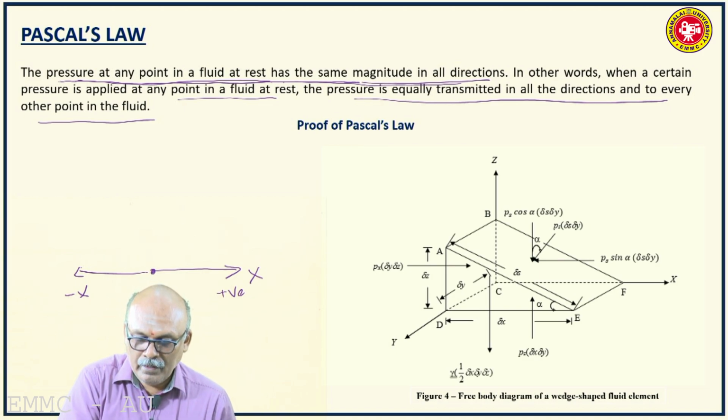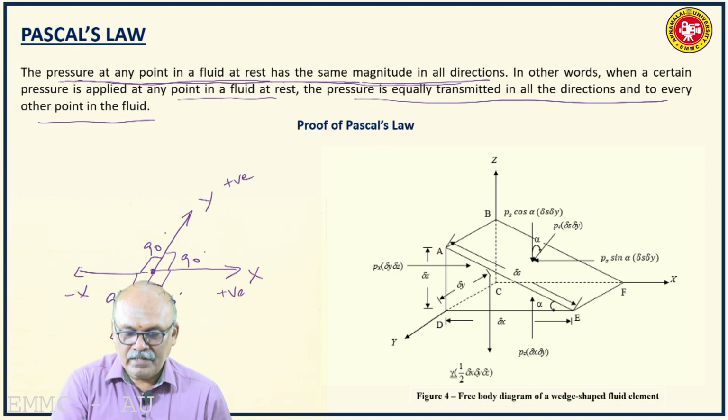The xy plane is a horizontal plane, so this is the positive direction of y and this is the negative direction of y, and these two axes are mutually perpendicular.